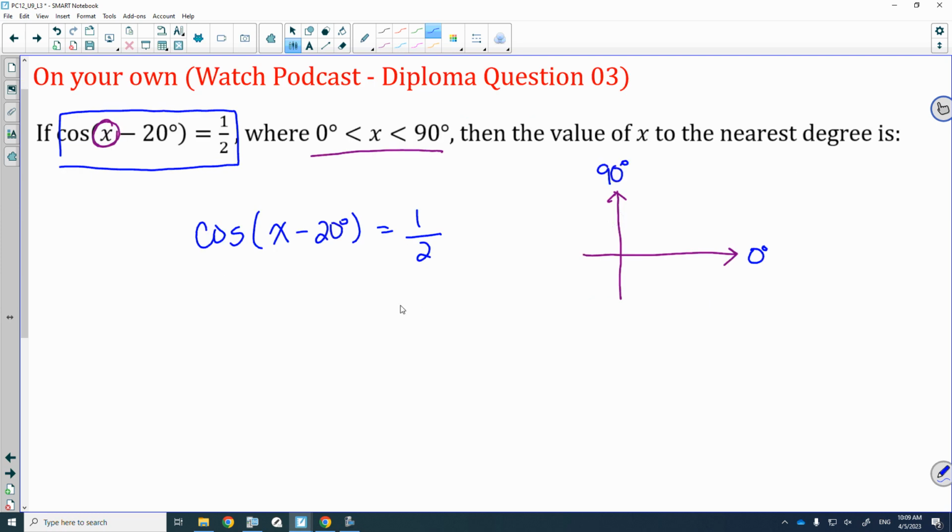Okay, what we're going to do is we're just going to sort of ignore this x minus 20. If I said to you the cosine of theta is equal to 1/2. We're looking for where is x 1/2. Where is x 1/2 within this quadrant? Pi over 6.